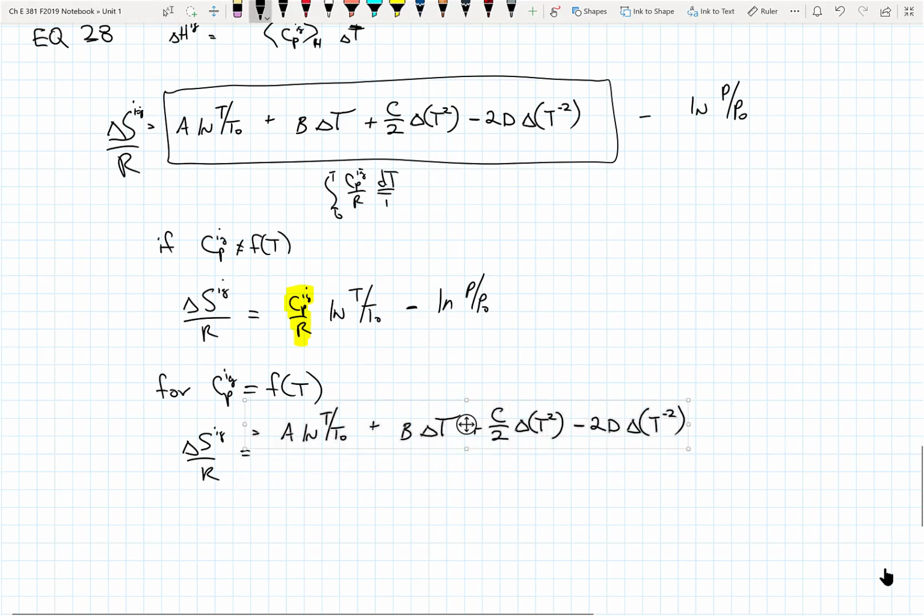That is the integral. And then we're going to divide it by natural log of T over T naught, and then multiply it by natural log of T over T naught.